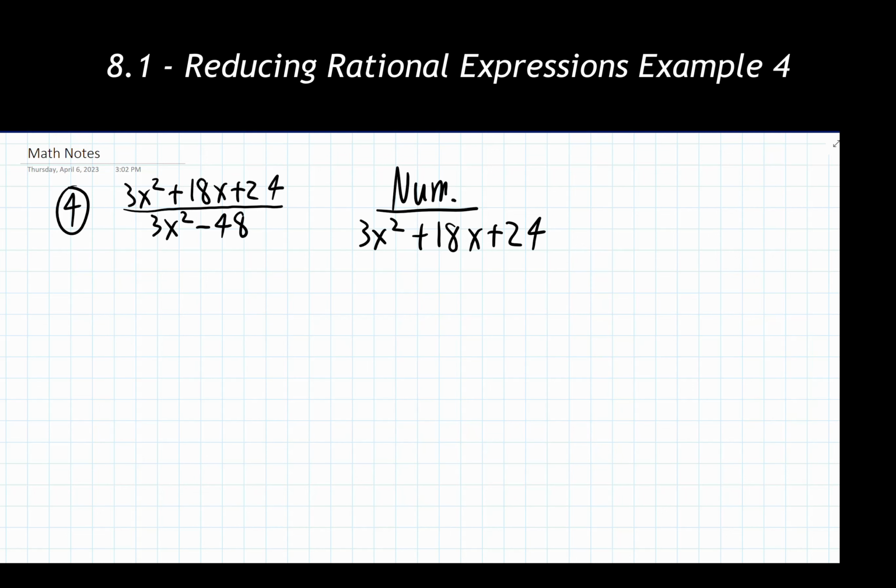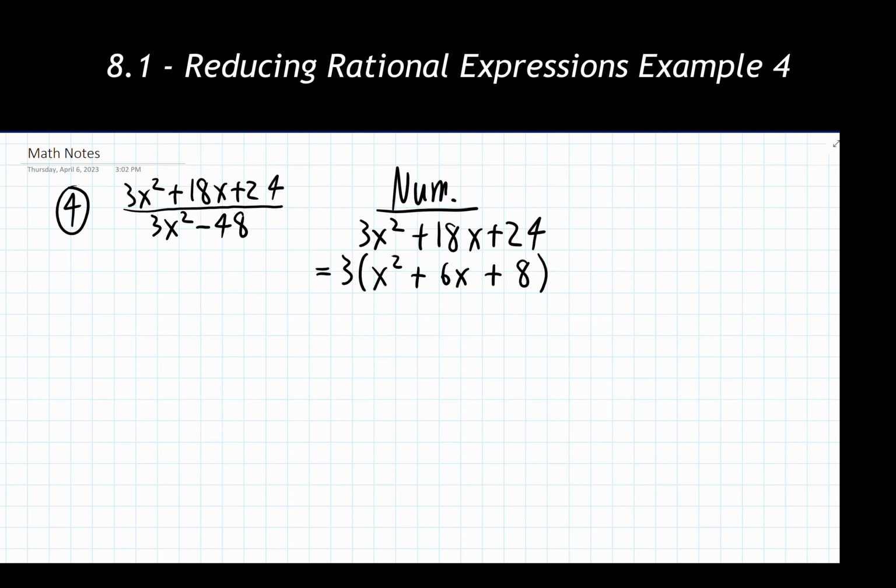Again, first and foremost, I'm looking to see, do I have a greatest common factor amongst all of these terms? And I do. It's going to be 3. So what's left over? I have x squared plus 6x plus 8. And now from here, I'm looking to see, can I factor anything here? And I can.